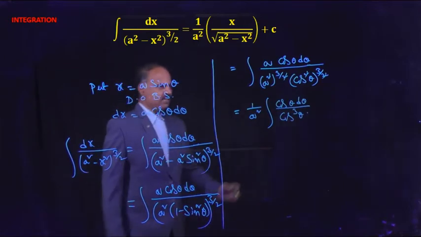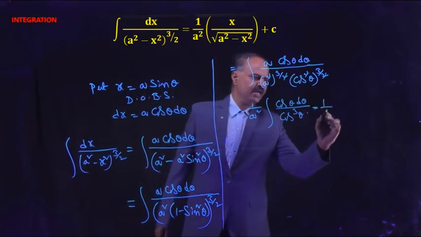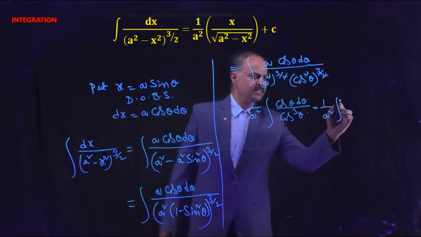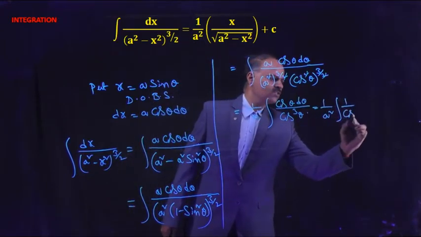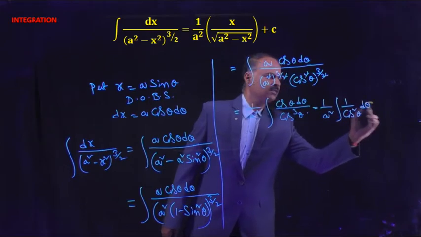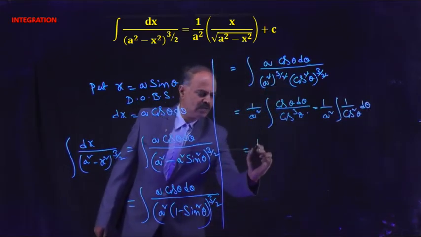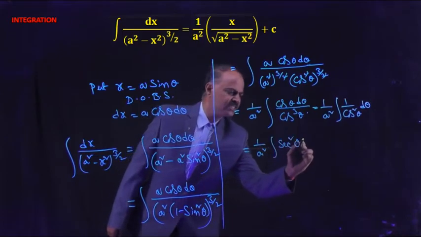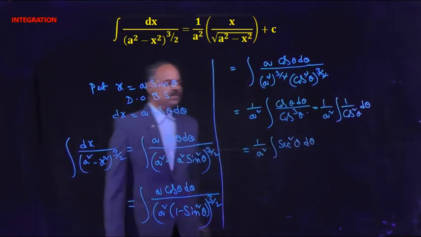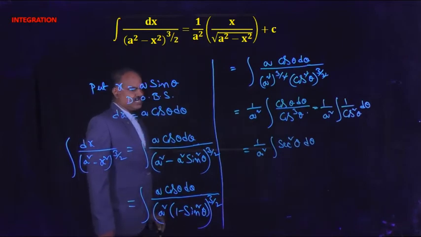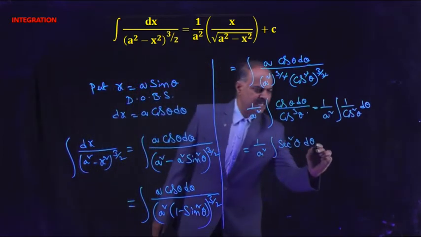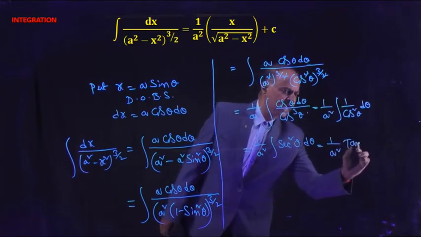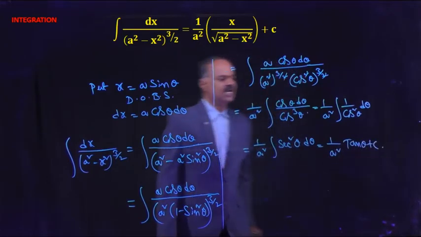Now this is equal to 1 by a square into integral 1 by cos square theta into d theta. Now this is equal to 1 by a square into integral secant square theta into d theta. We know that integral secant square theta into d theta is equal to tan theta. So 1 by a square into tan theta plus integration constant c.